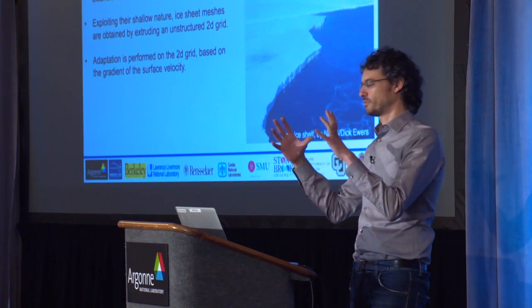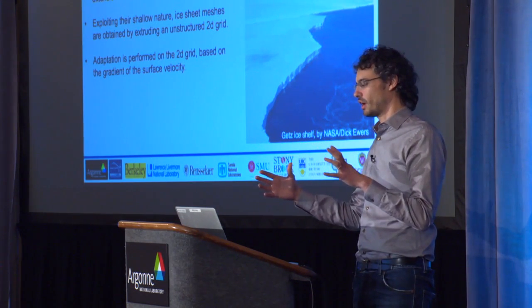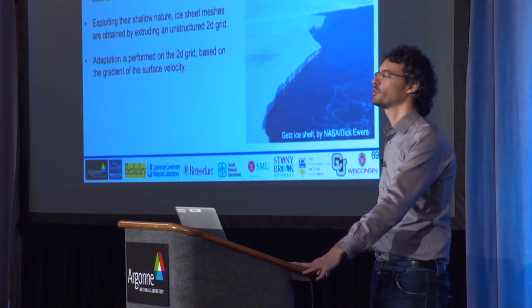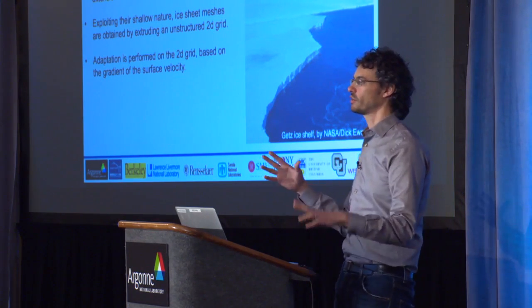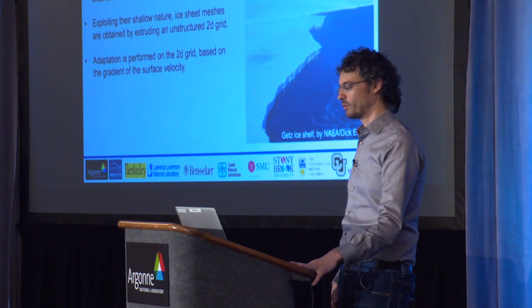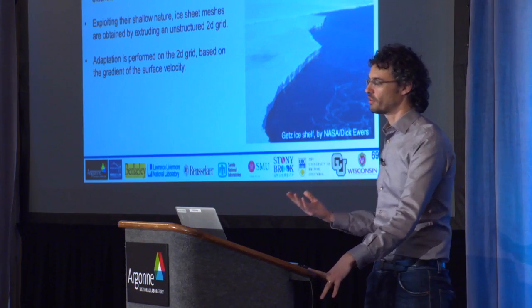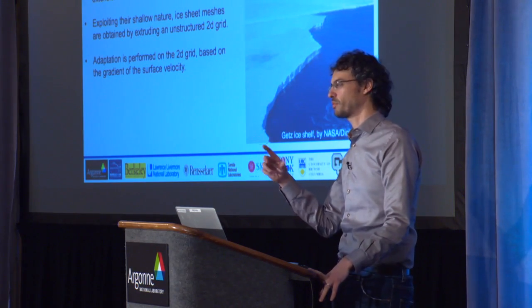If you take this picture and stretch it in the horizontal direction hundreds of times, then you more or less get to the scale of a typical ice sheet, which is a very, very shallow geometry. It can be pretty thick, up to 3 kilometers thick, but the horizontal extension is thousands of kilometers. So it's really a shallow geometry.